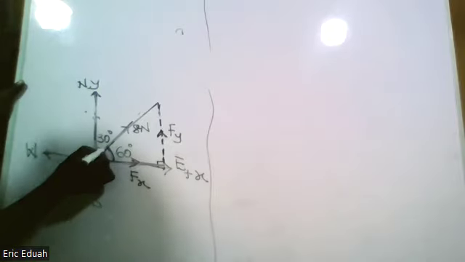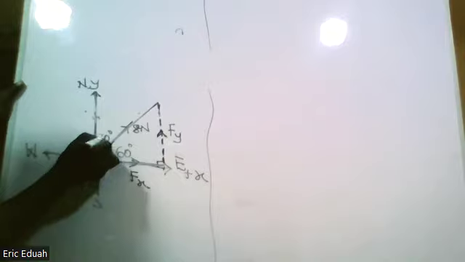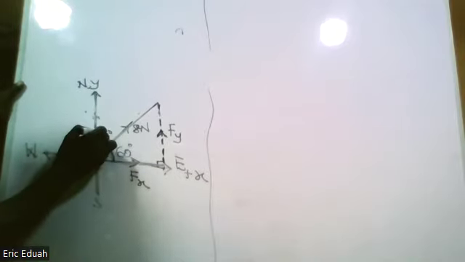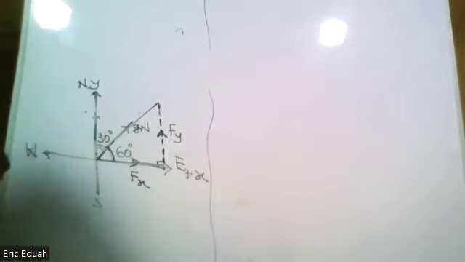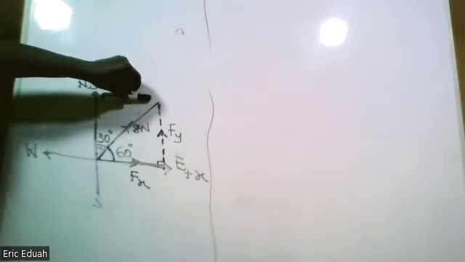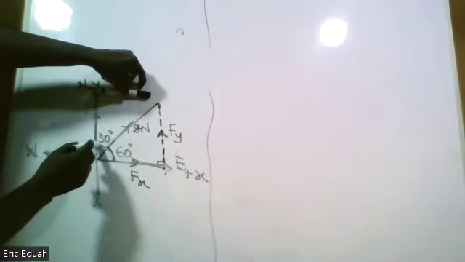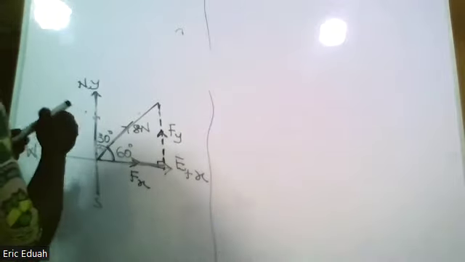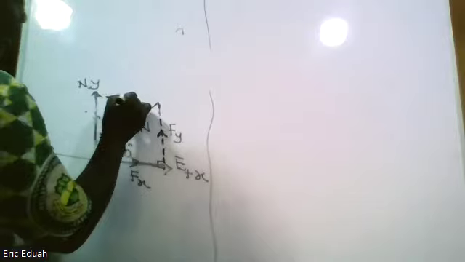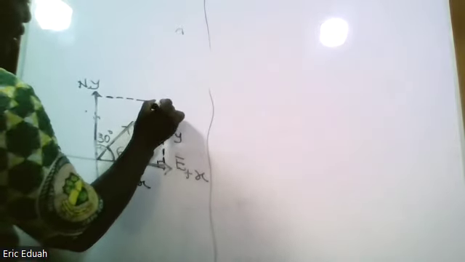In the same way, if I use the angle 30, okay, this side will be opposite to the angle. So this part of the vector, which is this side, will be opposite to this angle 30. So this side becomes the opposite.